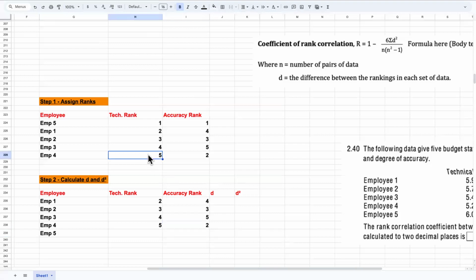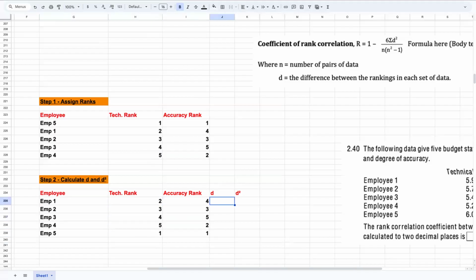Sorry, employee 4 is 5, 2. Then employee 5 is 1, 1. So we have got it in order.